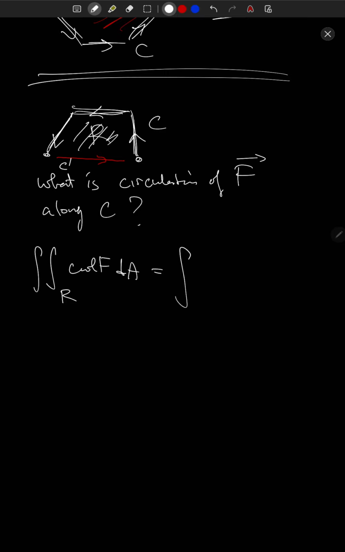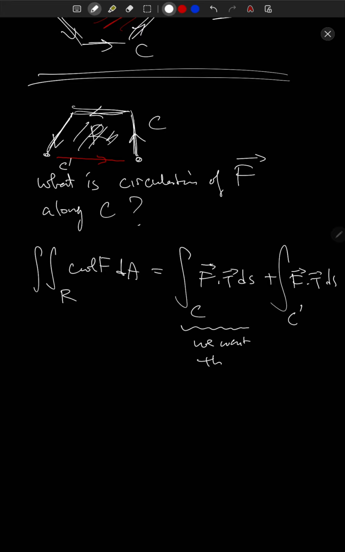First part is circulation around C, and the second part is circulation around C prime, right? That's the overall circulation. This is the guy we want, and instead, we compute this and this.